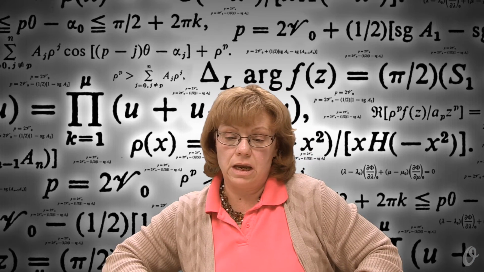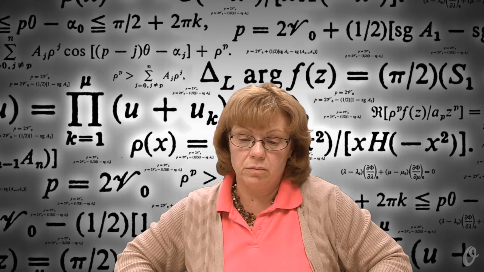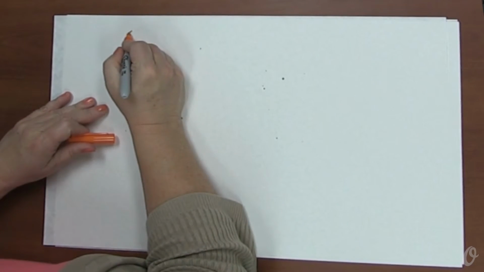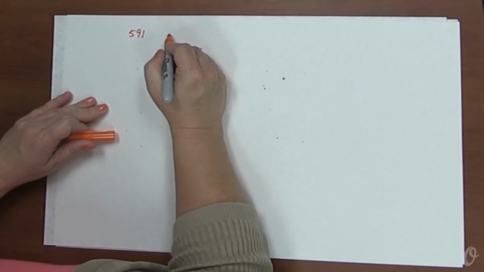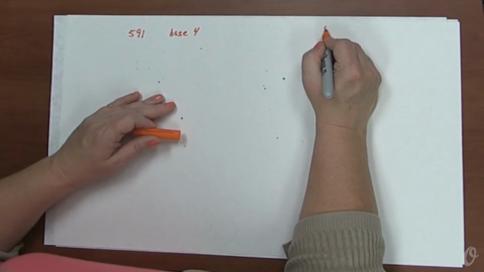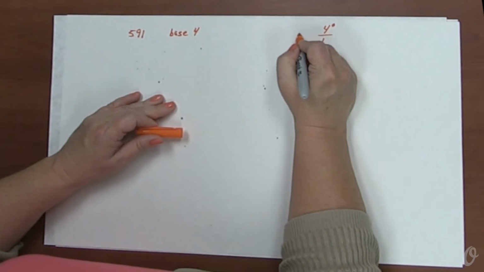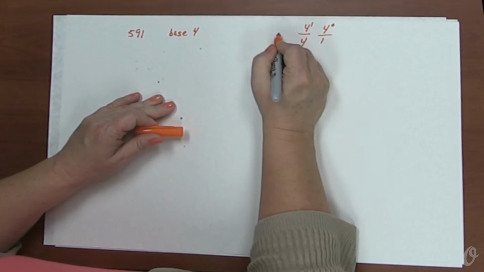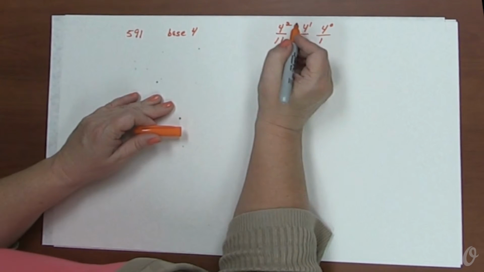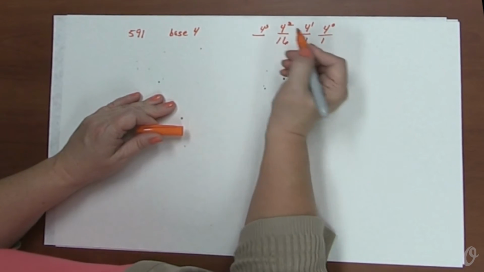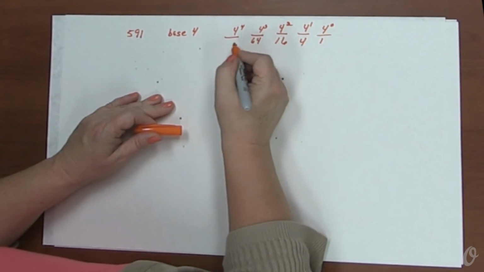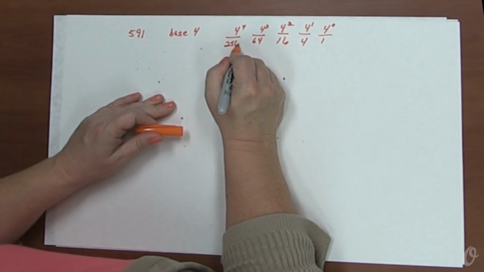All right, let's take a little bit more of a challenging number. Let's go 591, and let's convert to a base 4. So identifying the base, 4 to the 0 is 1, 4 to the first is 4, 4 squared is 16, 4 cubed is 64, 4 to the fourth is 256.